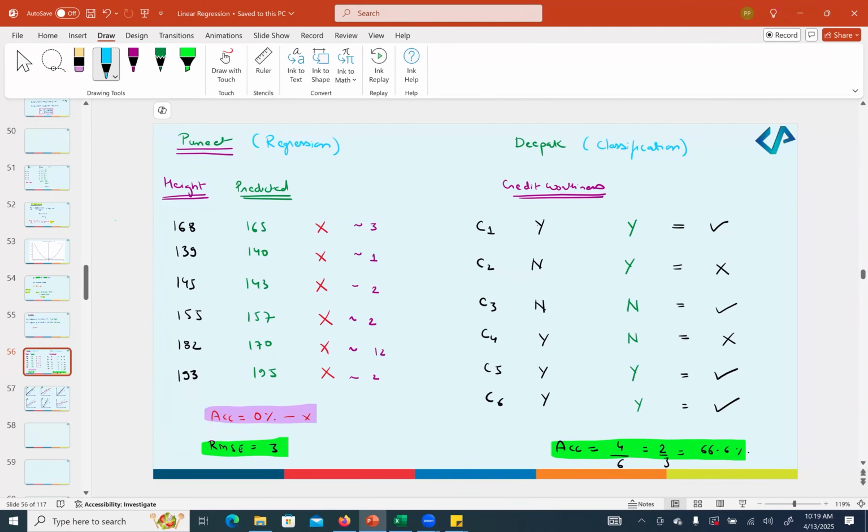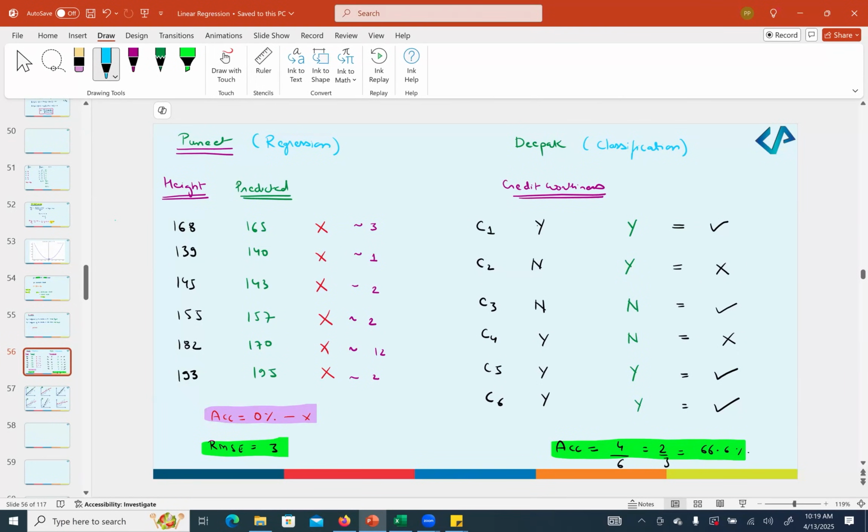So for accuracy, I have a range 0 to 100%, which makes evaluating the models very easy, right? I know where I am right now, because this is the maximum I can achieve, this is the worst I can do. But the problem with RMSE is that there is no range in RMSE.